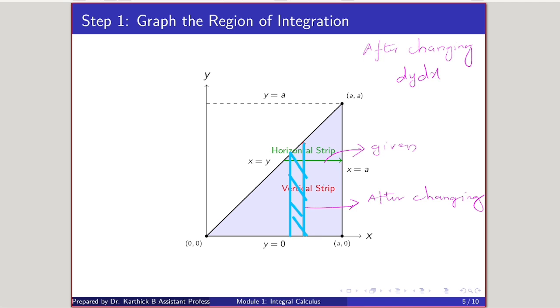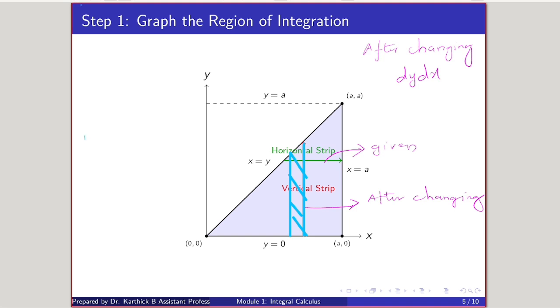So after choosing the strip, we want to find the limits for x and y. The strip is parallel to the y-axis. So first we want to find the limits for y.